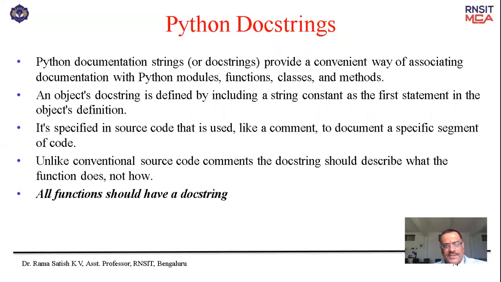It is specified in the source code and used like a comment, a document to describe a segment of code. Unlike a conventional source code comment, this docstring should describe what the function is going to do and how exactly it works.